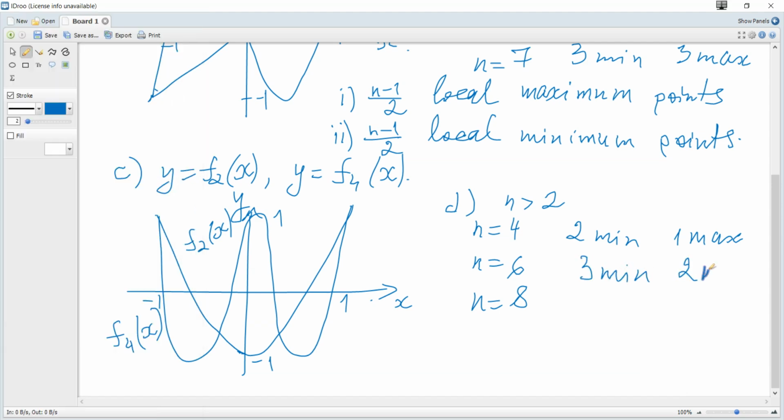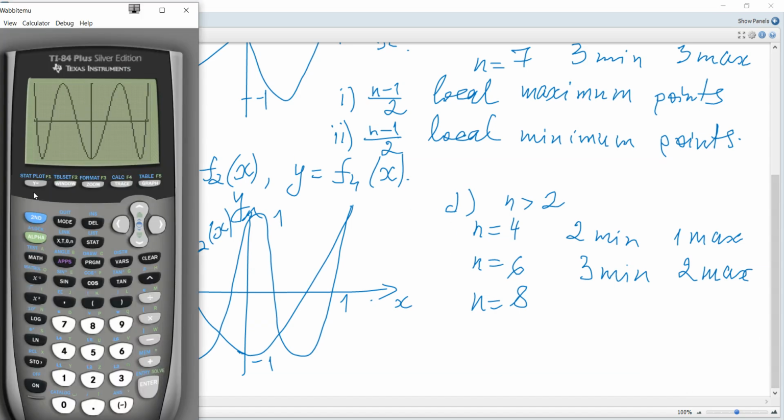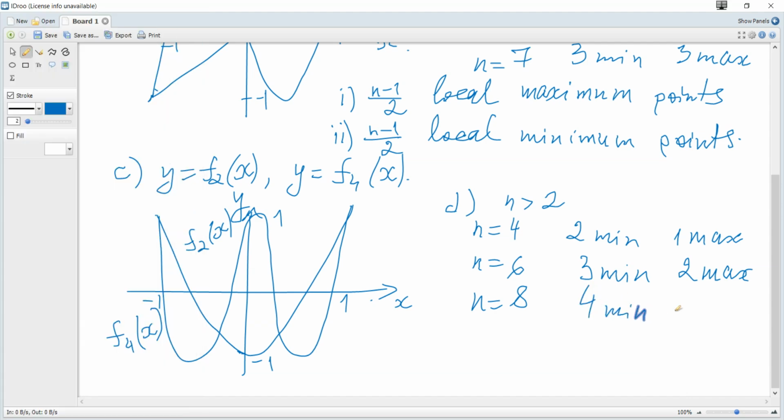And when n is 8, we can see that there are 4 minimum and 3 maximum, and we can suggest the general formulas.